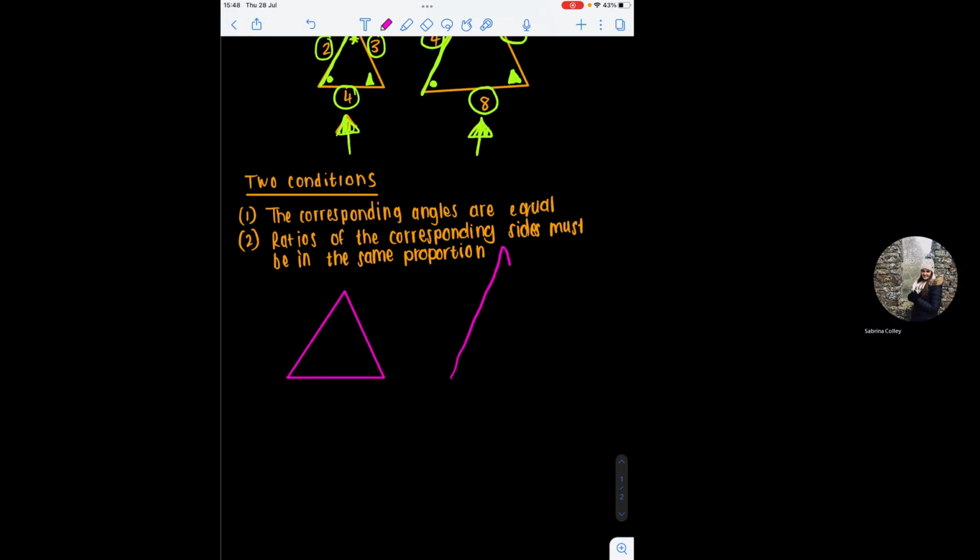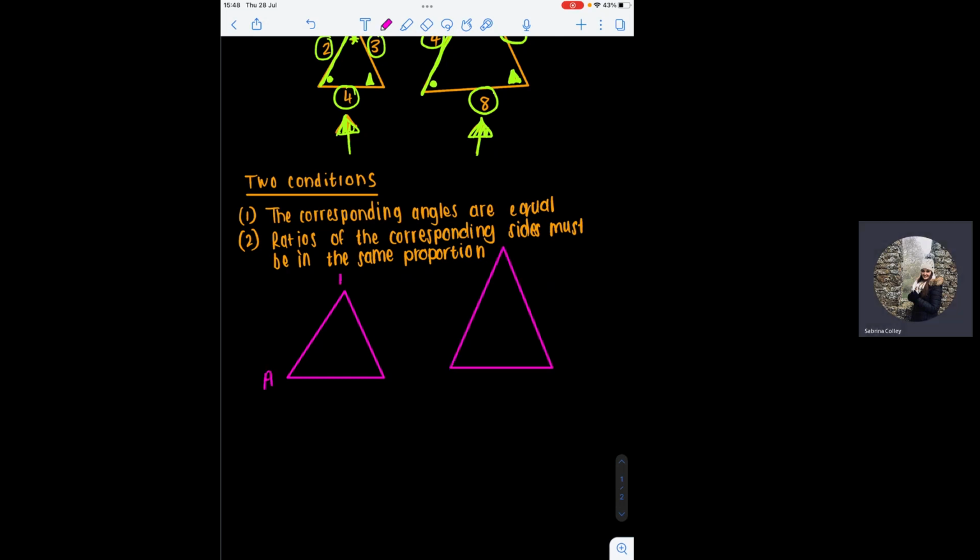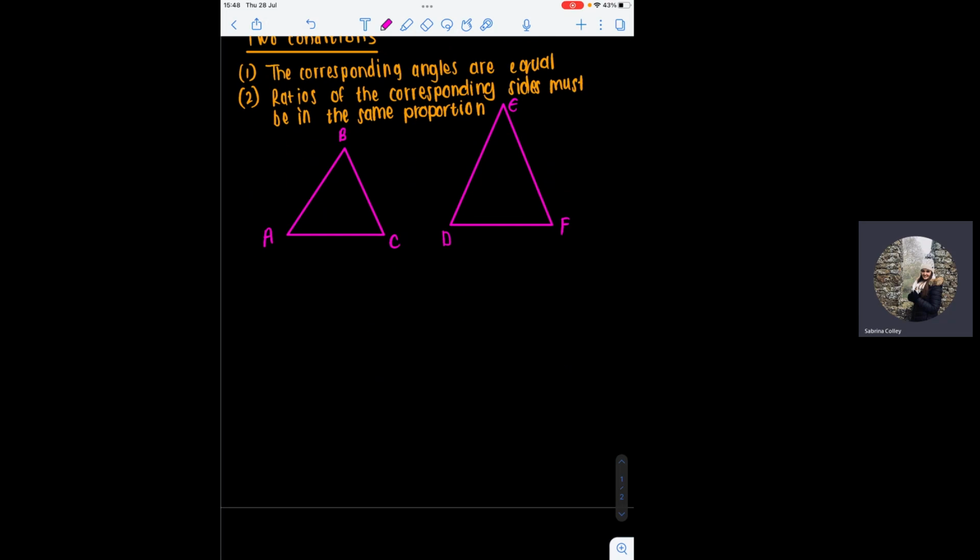I name this A, B, and C, and this triangle D, E, and F. Then if I look at AB and I use the same sides that I used for the previous one, what I'm saying by the ratio is AB over DE, because I'm looking at the relationship between AB and DE.